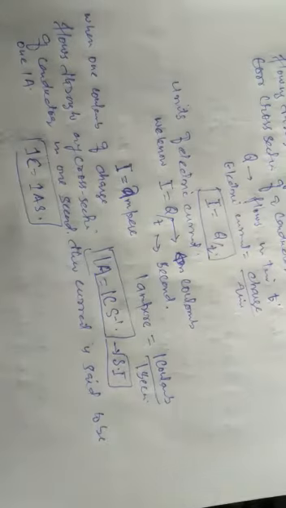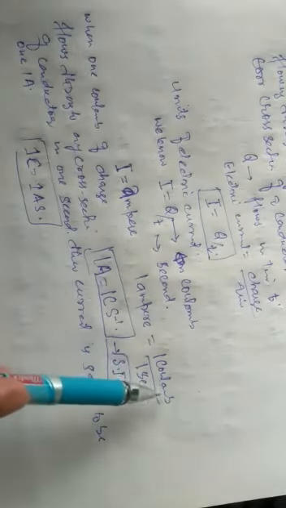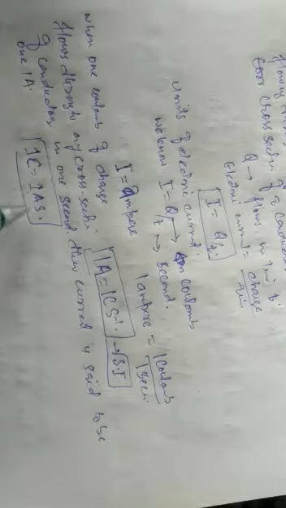So 1 ampere is defined as when 1 coulomb of charge flows through a cross section of a conductor in 1 second, and 1 coulomb is defined when 1 ampere of current flows through a cross section of a conductor in 1 second.